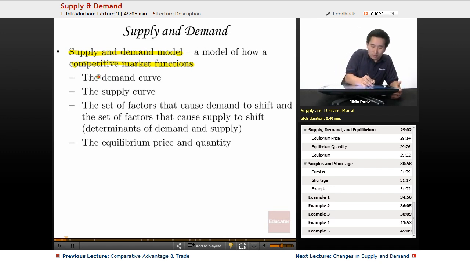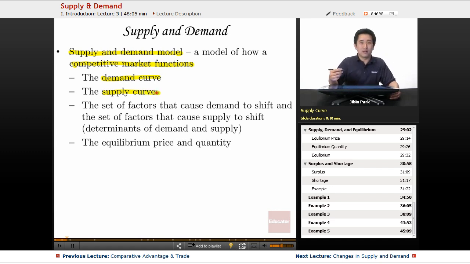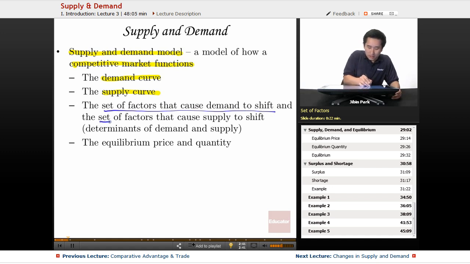So what are aspects of this supply and demand model? Well, obviously you have the demand curve, which is downward sloping. And then you have the supply curve, which is upward sloping, because as prices get higher, there's more of an incentive to make a profit. We're going to look at the set of factors that cause demand to shift, and the set of factors that cause the supply curve to shift.